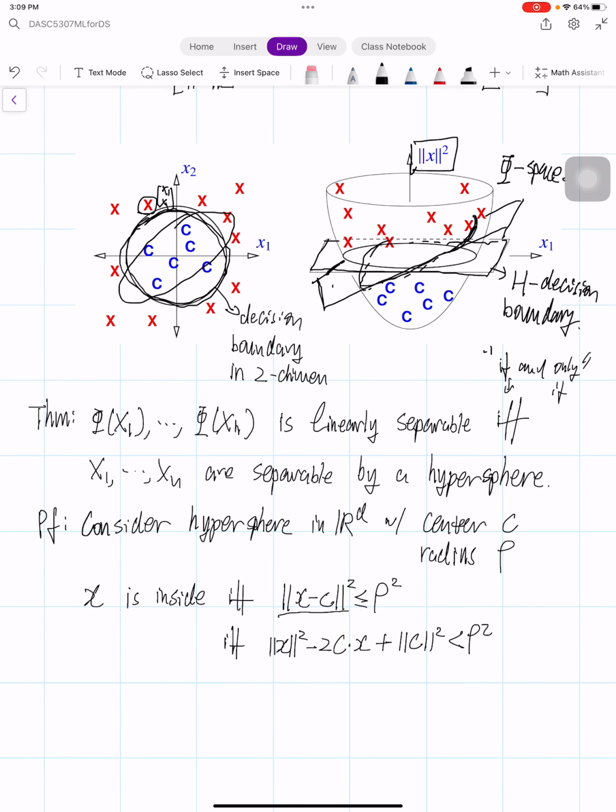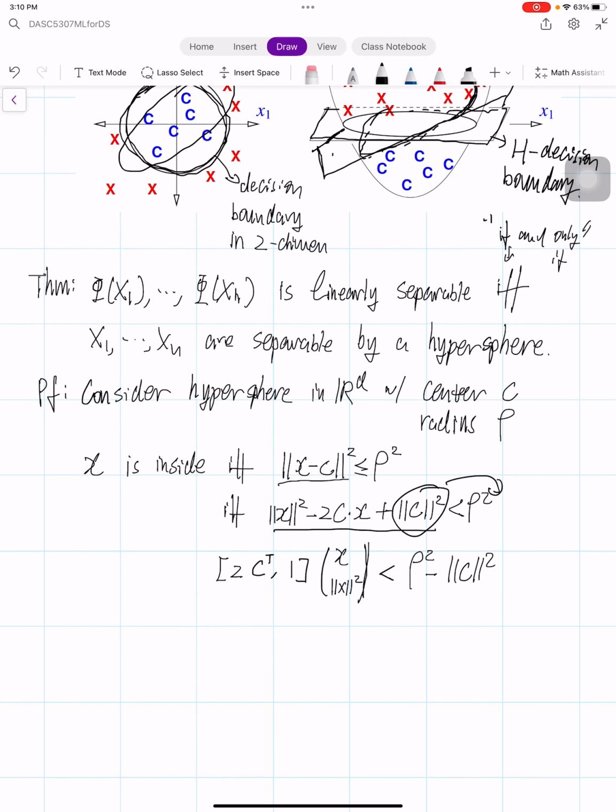Actually, we can rewrite this in vector format: 2 times c transpose with scalar 1, dotted with x and the norm of x squared, is less than, moving terms to the other side, rho squared minus c squared. Let me write down one more step.